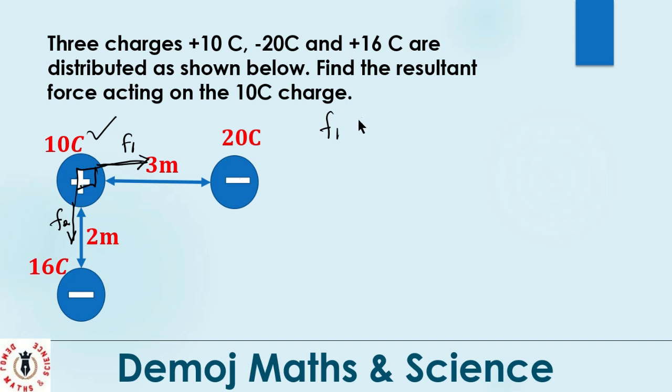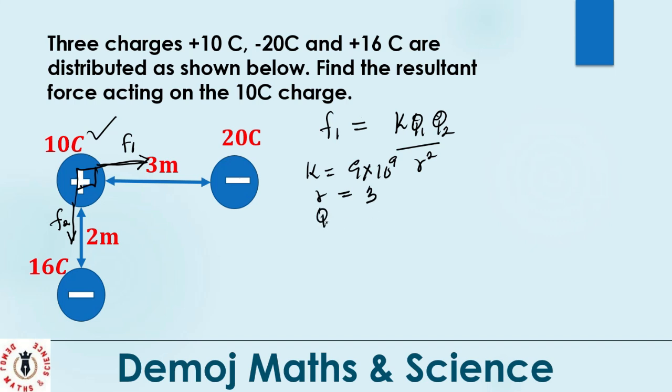Now, the force F1, our force generally is always given as K Q1 Q2 over R squared, where K is a constant and K is 9 times 10 raised to power 9. R is the distance, this time around between 10 and the 20 Coulomb, that's 3.